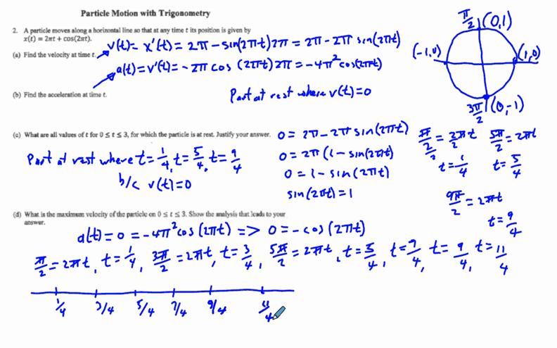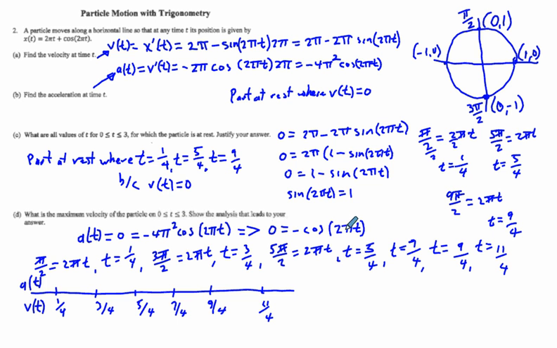These are all the critical numbers we have. I'm going to put on the top here A of t, and below I'm going to put V of t. So we can just put numbers in for this. For sign purposes, I can put in this negative cosine 2 pi t to see if it's negative or positive.